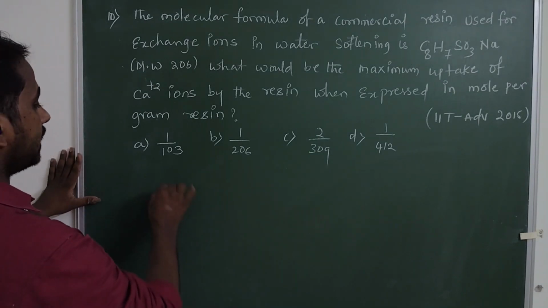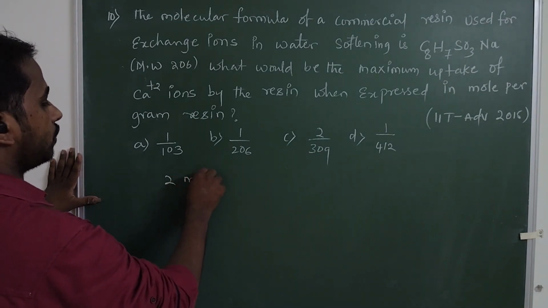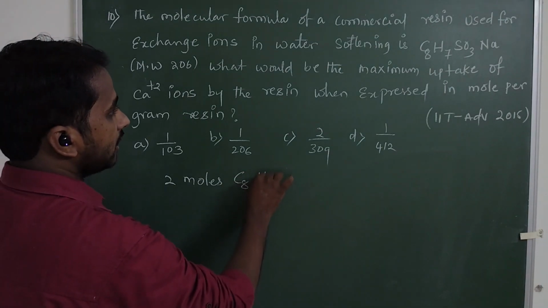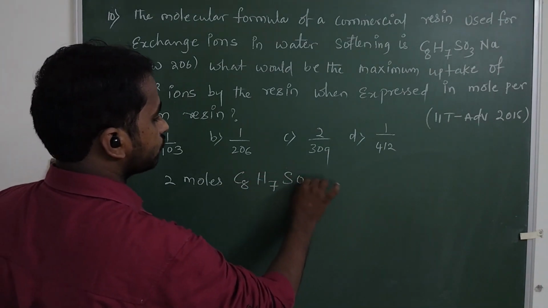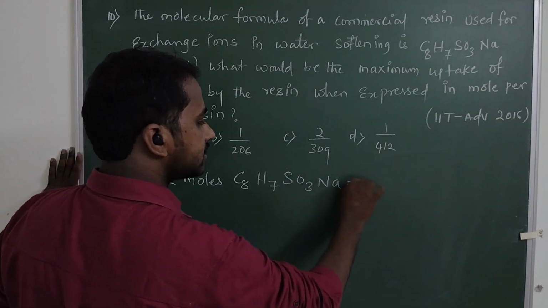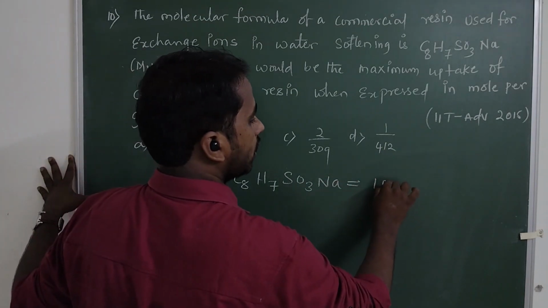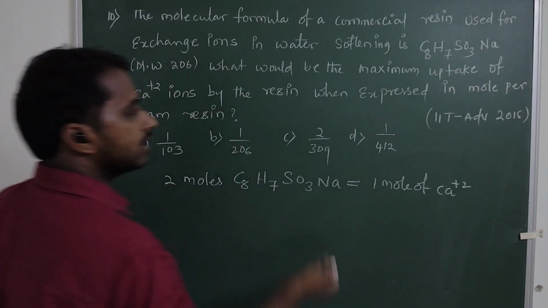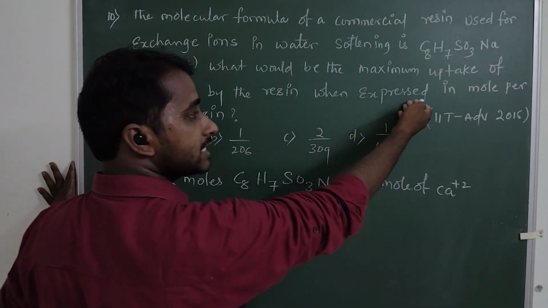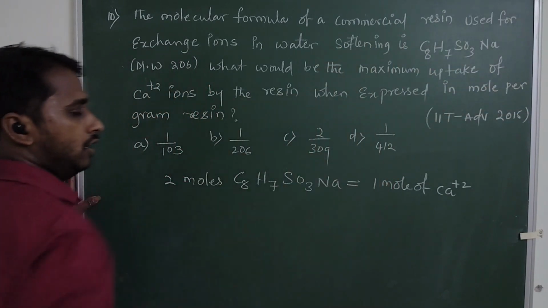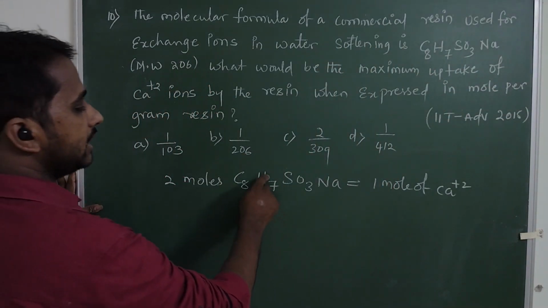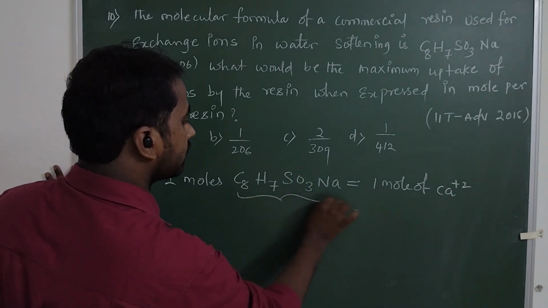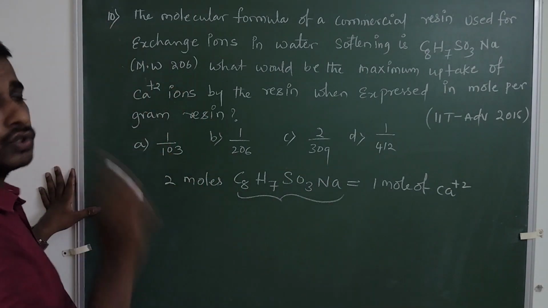So I can write that 2 moles of C8H7SO3Na is equivalent to 1 mole of Ca2+, and the question asks for it expressed in moles per gram. What is the molecular weight of this compound? It is given as 206.